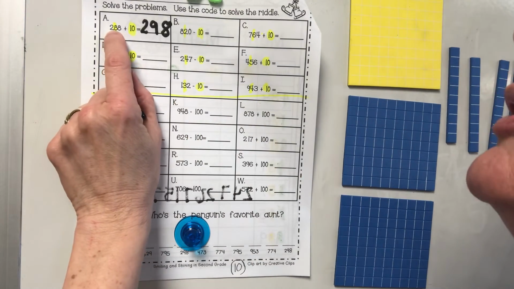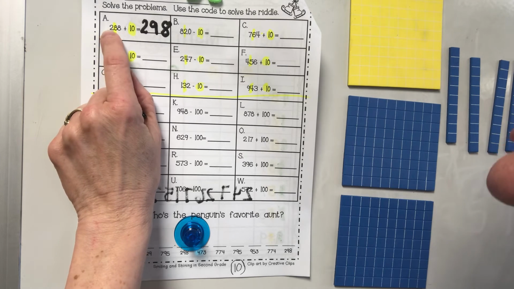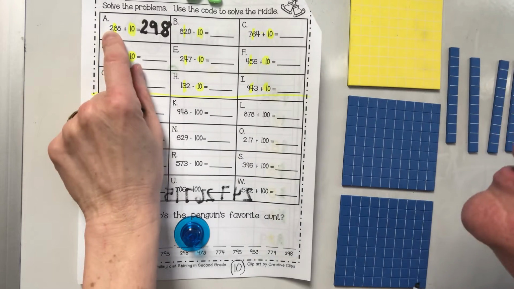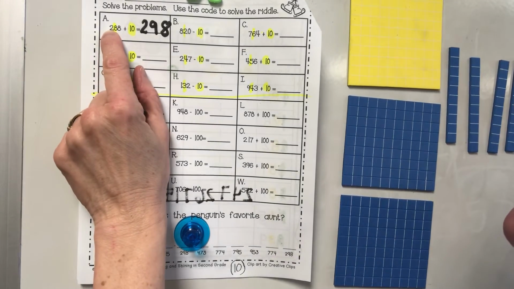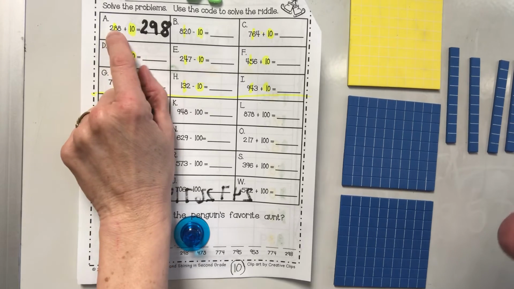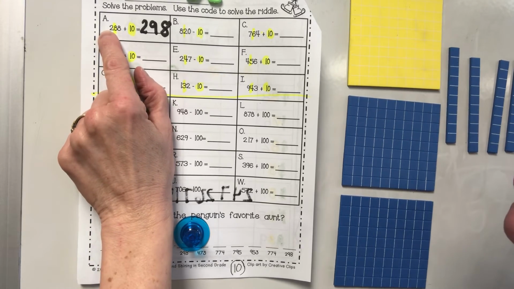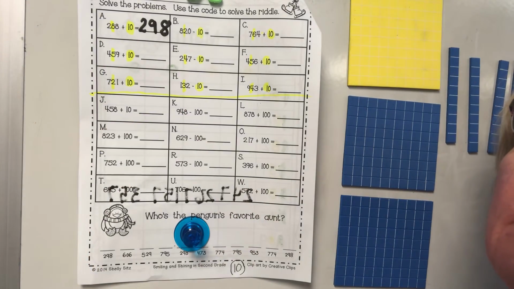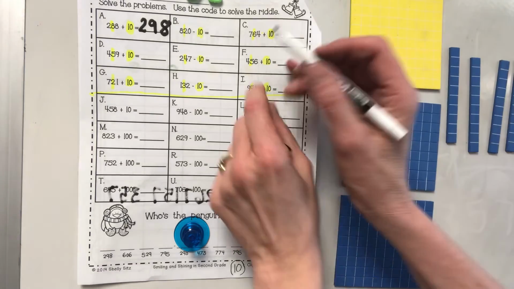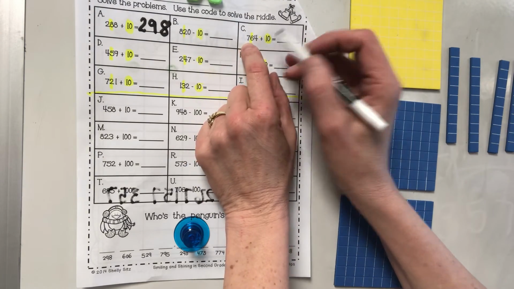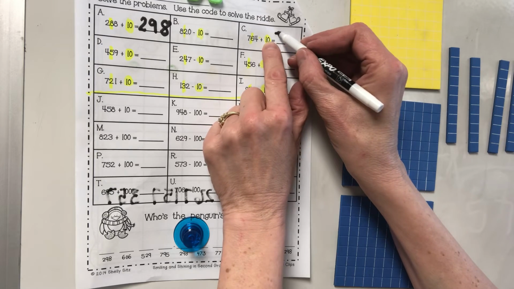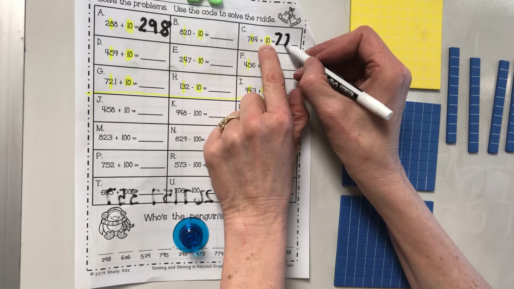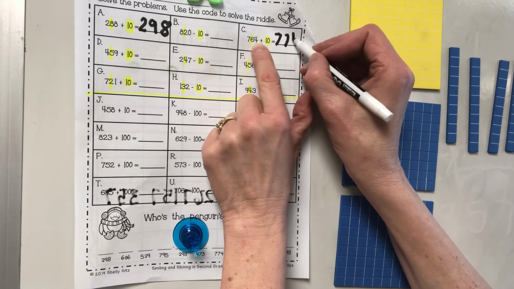So instead of having 200, 8 10s, and 8 1s, I now have 200, 9 10s, and 8 1s. All right, let's go to this one. We have 764. It's adding 10s, so the 700 stays. I don't have 6 10s now, I have 7 10s, and the 4 1s stays the same.